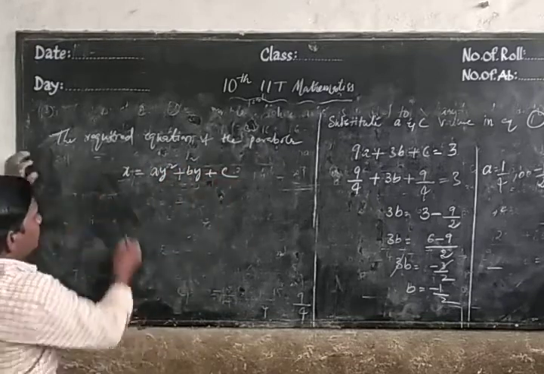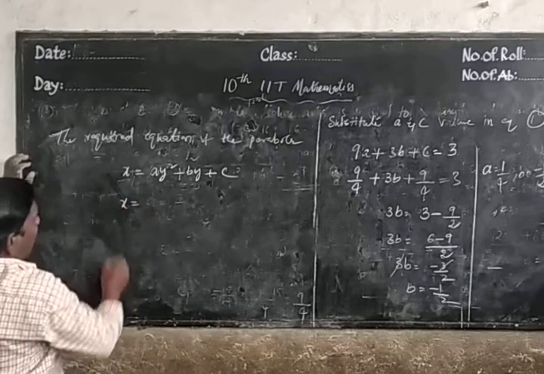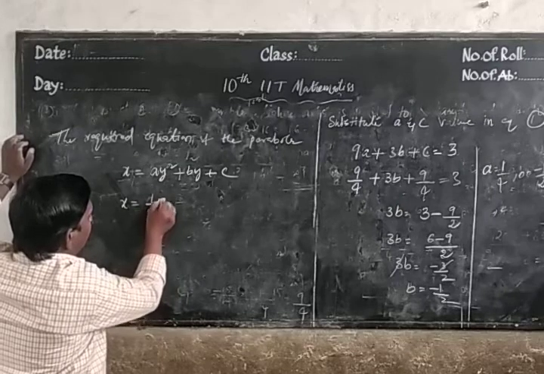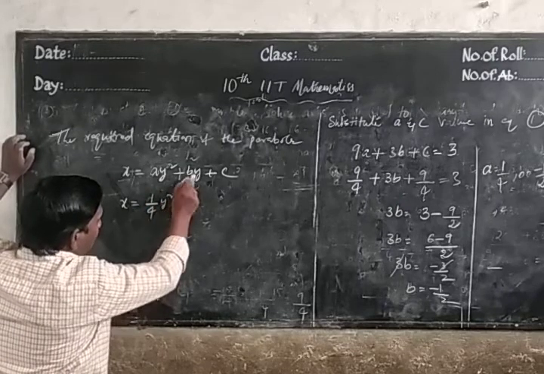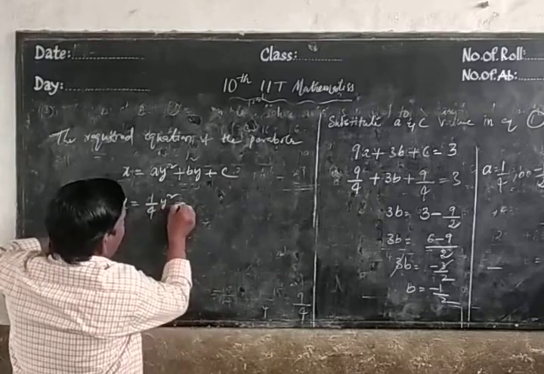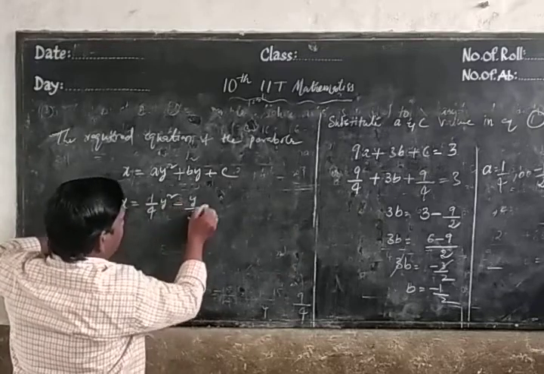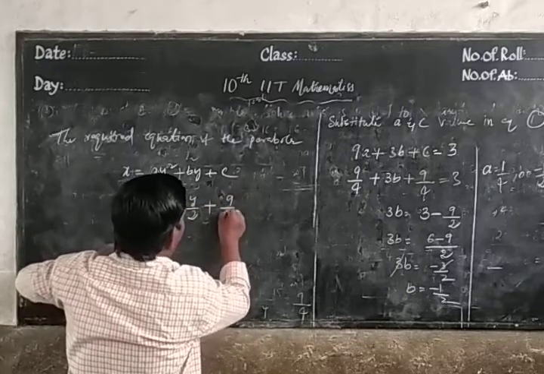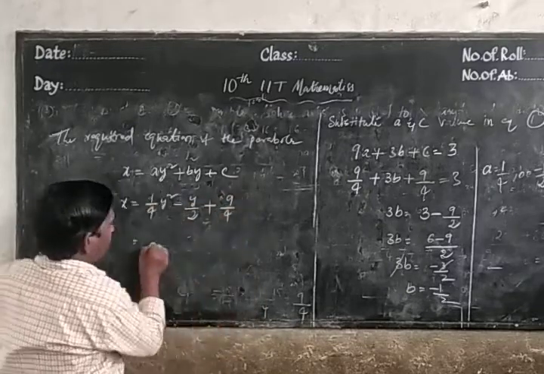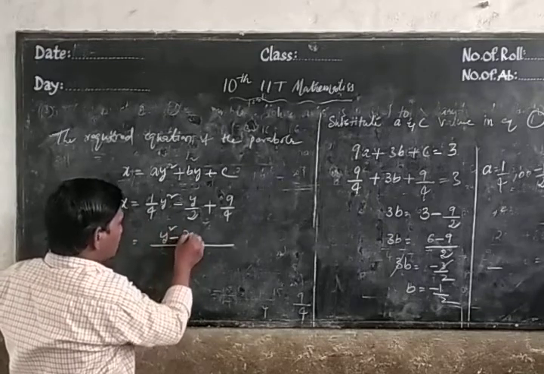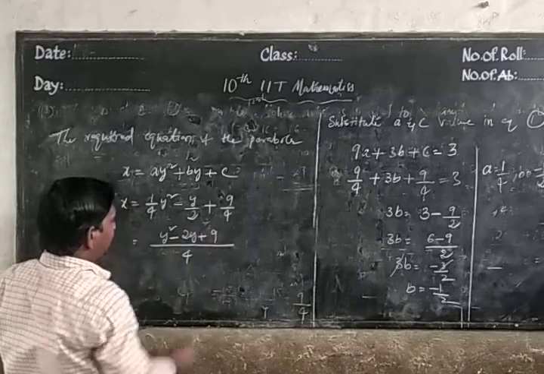Now substitute. What is the a value? 1 by 4 y square. What is the b value? Minus 1 by 2, that means minus y by 2. What is the c value? 9 by 4. LCM 4: y square minus 2y plus 9.